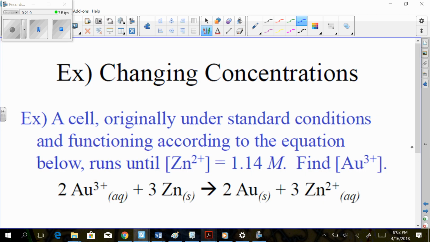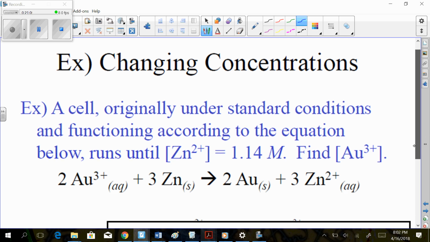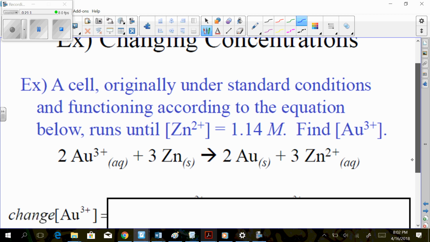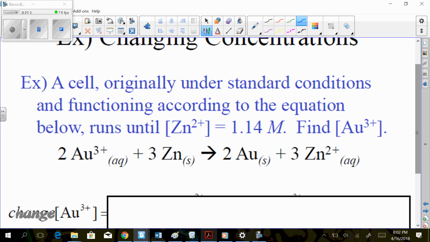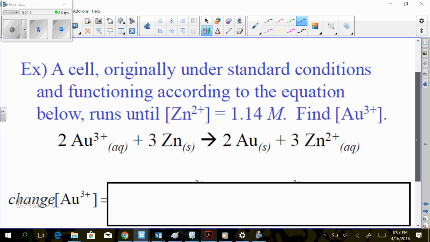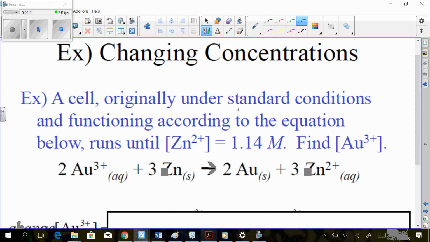Okay. Now we have changing concentration. Sometimes you might be asked to calculate the new concentration for a reaction that has been going on for a while. So if you have a cell originally under standard conditions, that means originally it was at 1 molar, 25 degrees Celsius and 1 atmosphere pressure, and it's functioning until the zinc ion equals 1.14 molar.